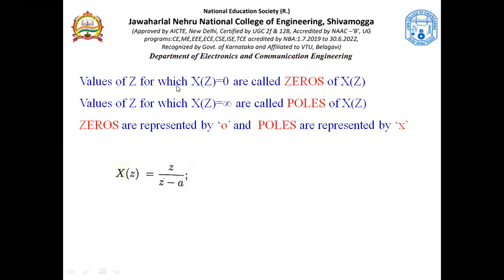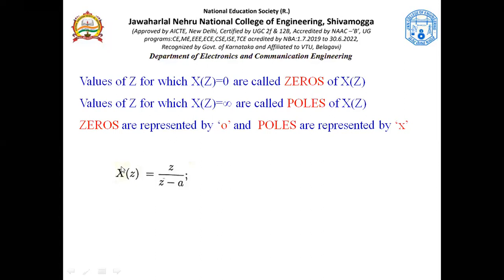Now let's understand this. There is something called zeros and poles we need to understand if you have to sketch the ROC. Okay, zeros and poles. What are zeros? Zeros are the values of z which will make x of z 0. That means for what values of z would x of z be 0 here? Can you tell me?